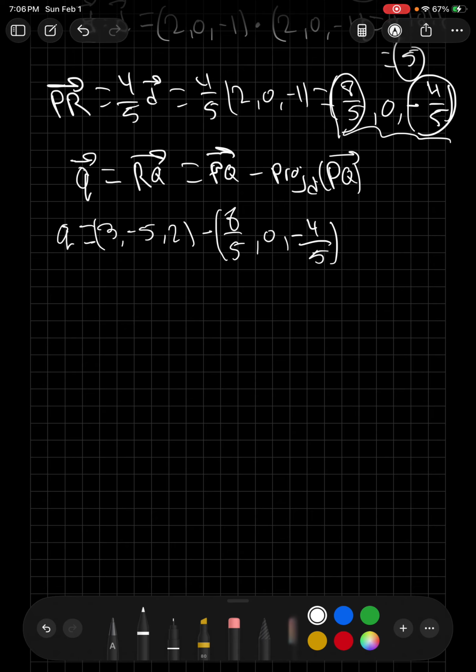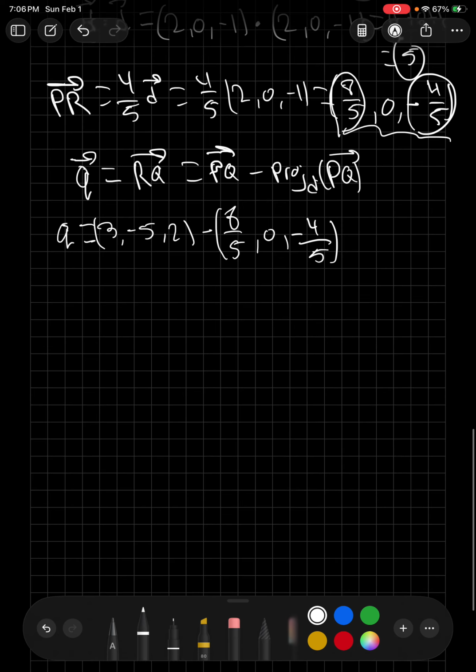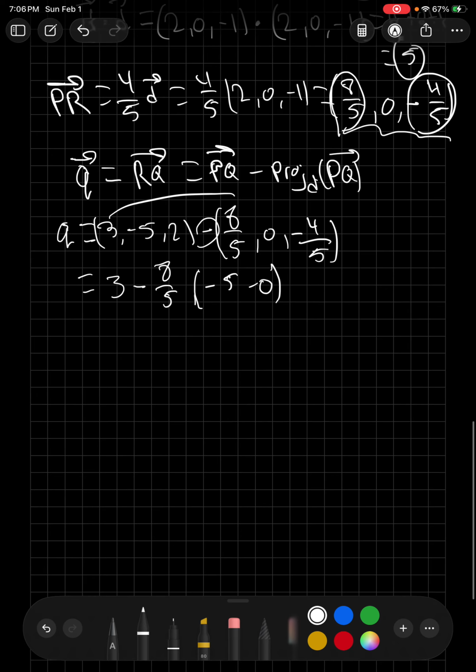And then what we do is we distribute. So this is 3 minus 8/5, and then -5 minus 0. I'm just going to do it like that. And then 2 plus 4/5.